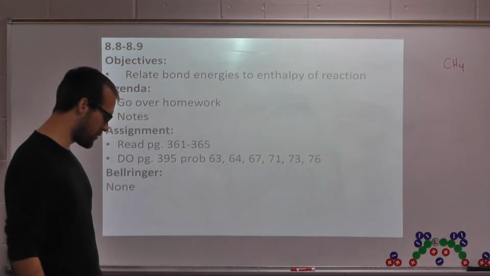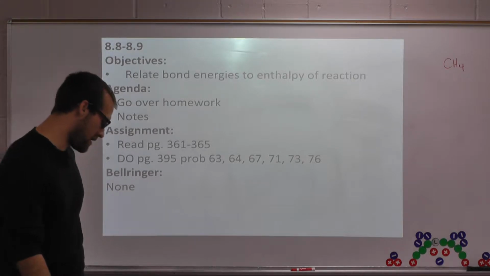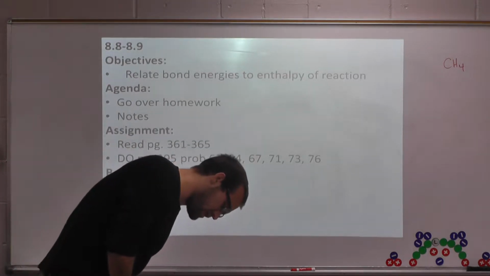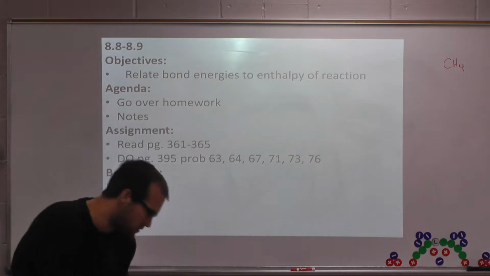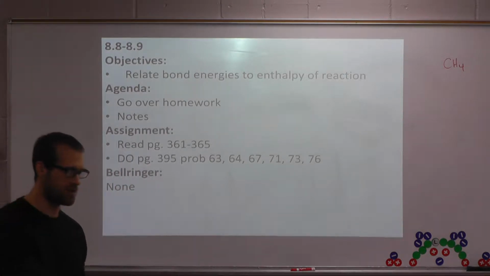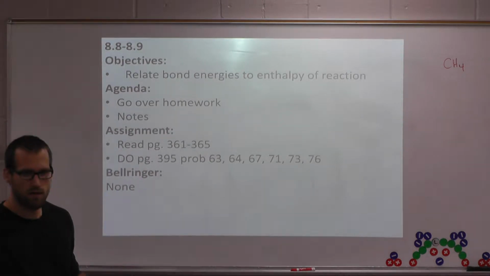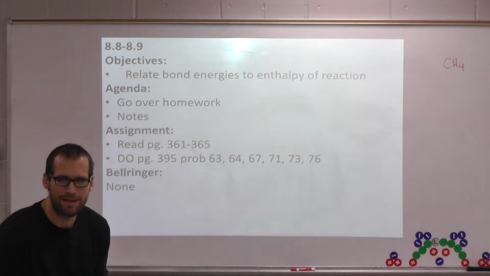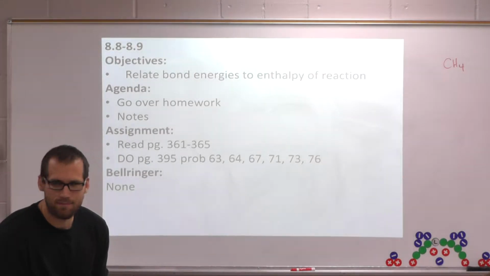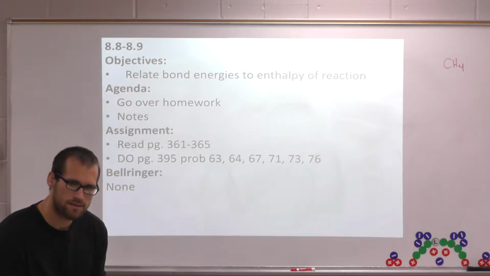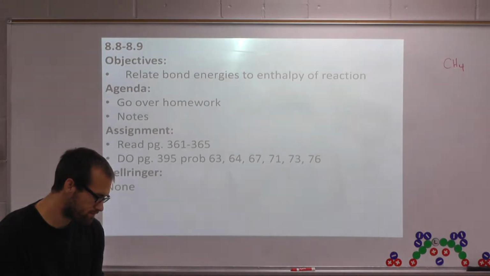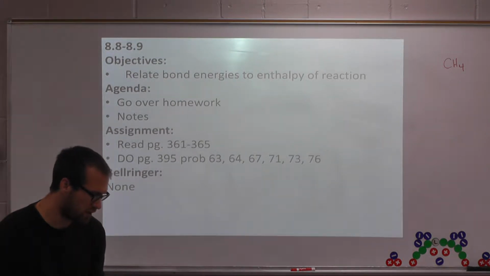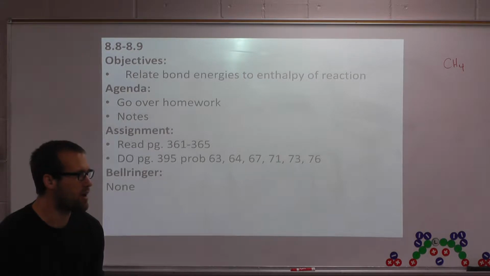We need to take one really important consideration, which is how sensitive a particular bond is to its molecular environment. If you look at the bottom there, it shows a CH4 molecule breaking one of the hydrogen bonds sequentially.